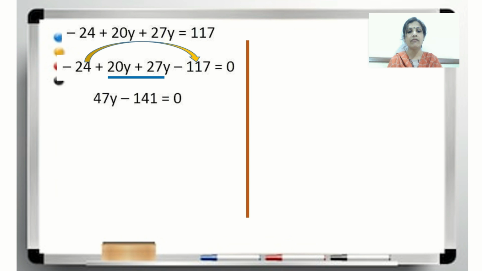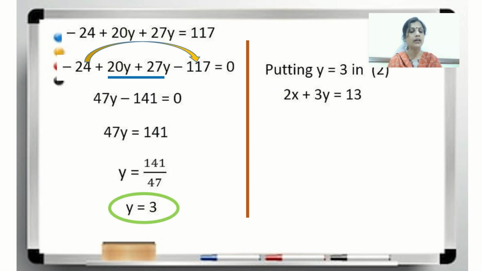We get 47y minus 141 is equal to 0. So 47y is equal to 141, and therefore y is equal to 141 upon 47, and this is 3. So y is equal to 3 is our first solution.